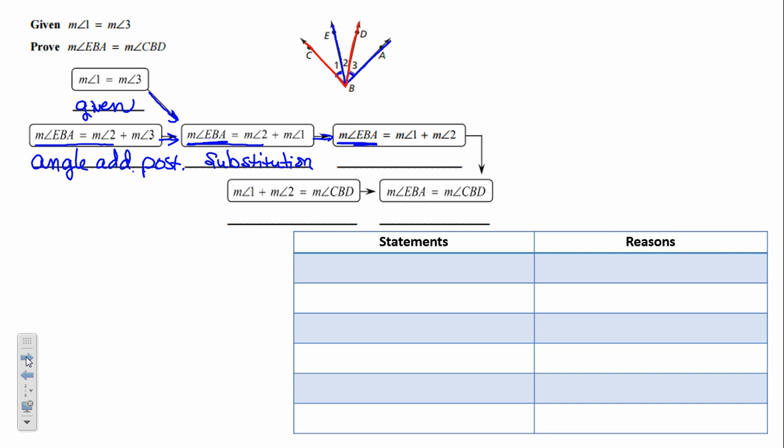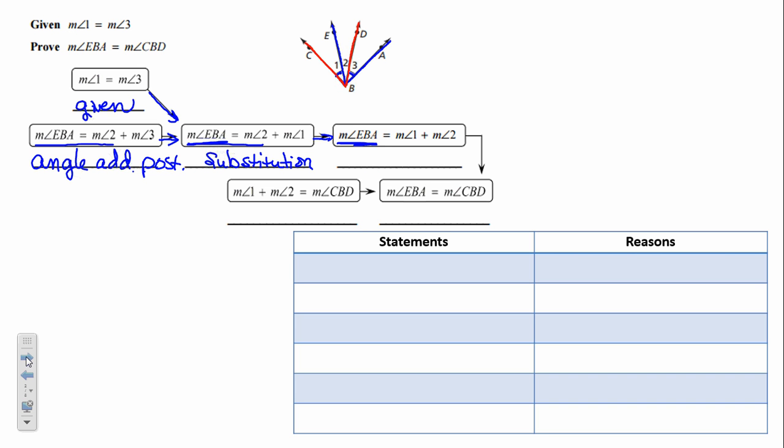Reflexive, maybe. Transitive, maybe. Might be something with an S. Symmetric, okay. You're all on the right track.